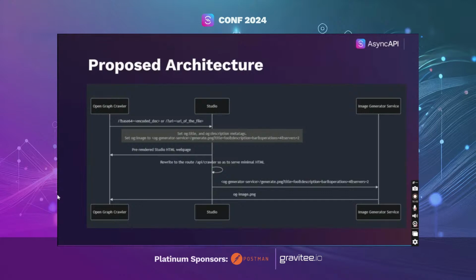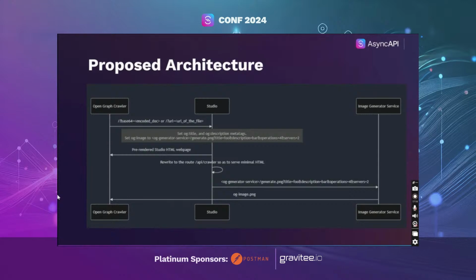As you can see, this is quite a time-consuming process, and there's a high chance that the crawler might time out. So for that, the image generator service was also deployed on Vercel, and we were using CDNs to cache the data aggressively, and we were also using edge functions, because they run very close to the user.